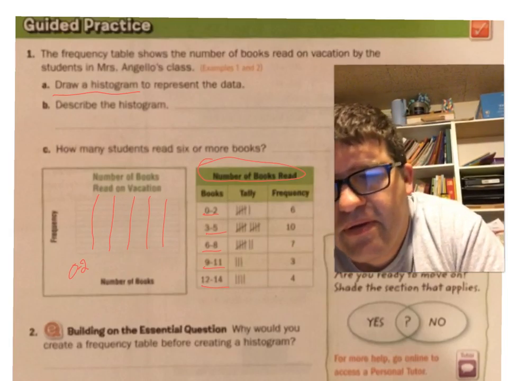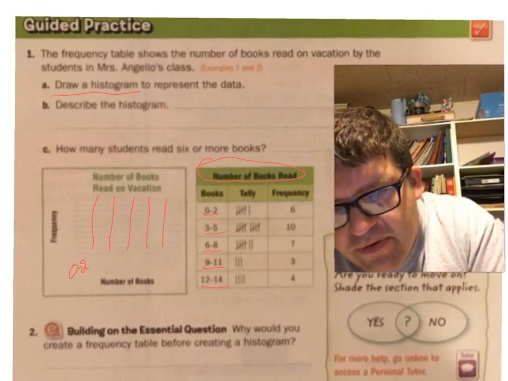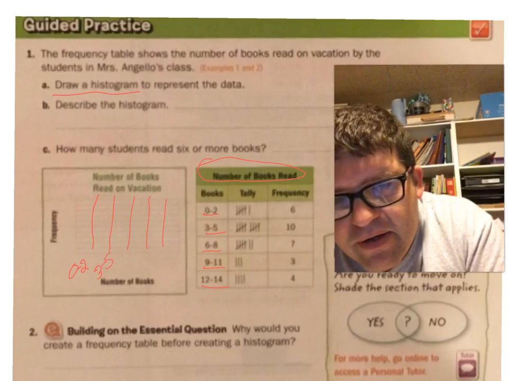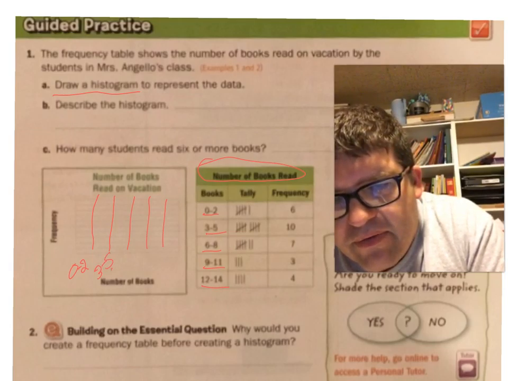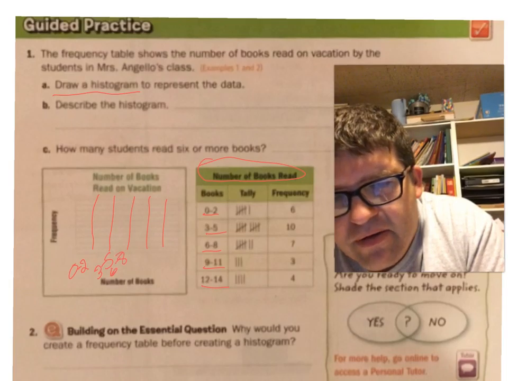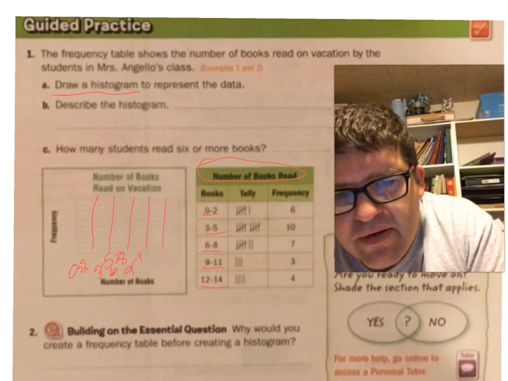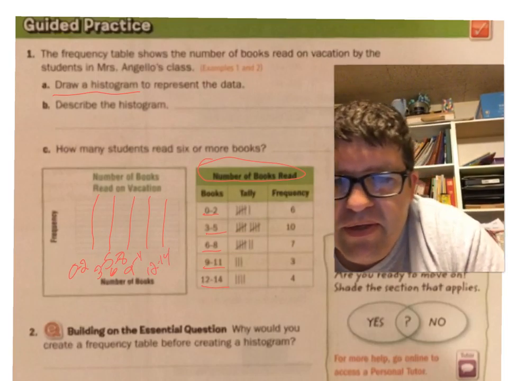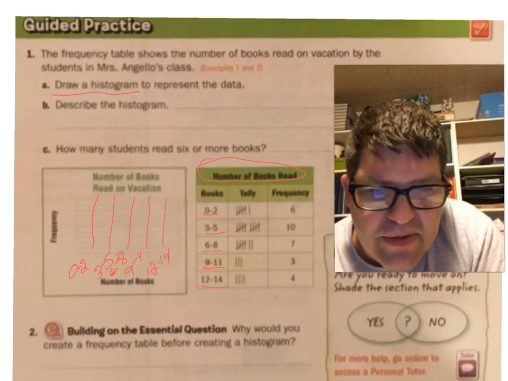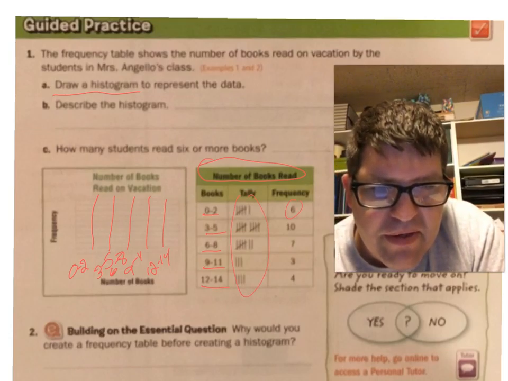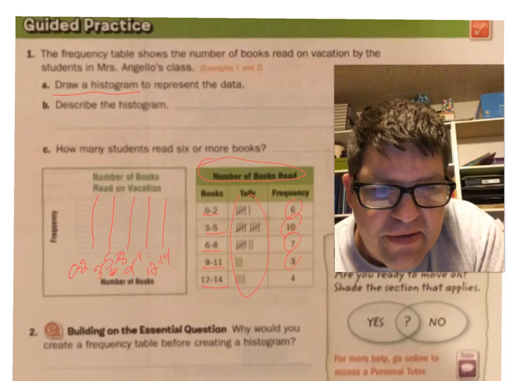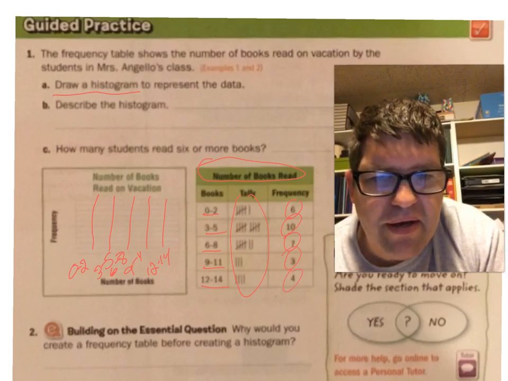There we go. Then we have 0 to 2, we have 3 to 5 right there. Then we have 6 to 8. Then we have 9 to 11. And we have 12 to 14. Okay? So the 0 to 2, we did tally marks over here, and then we added all the tallies up, and we can see how many people read that number of books.